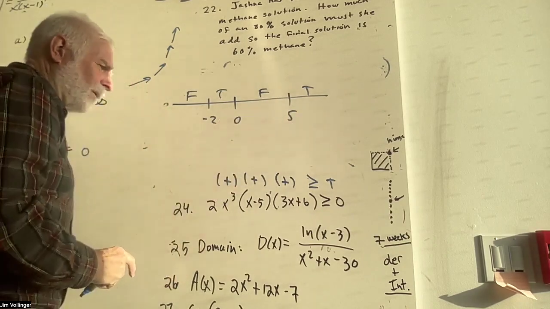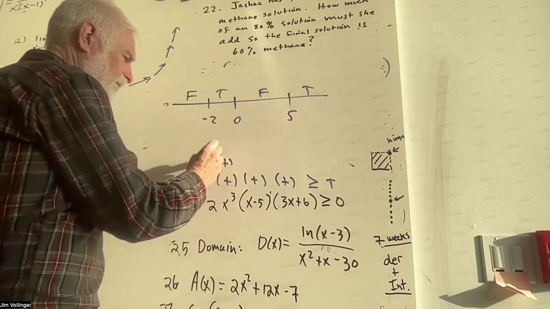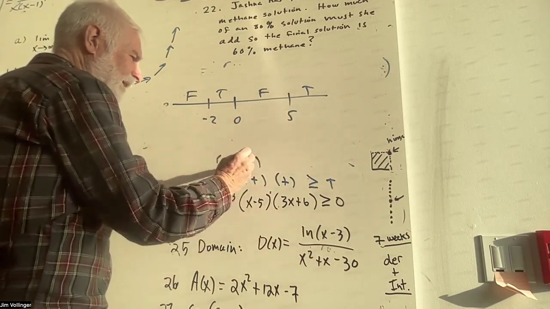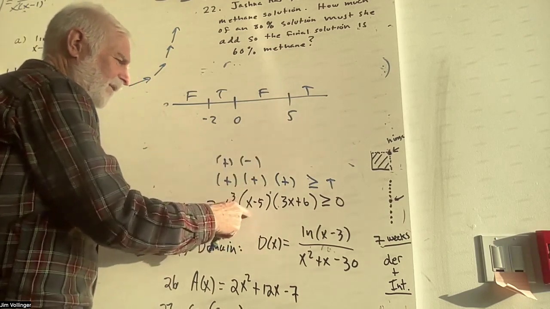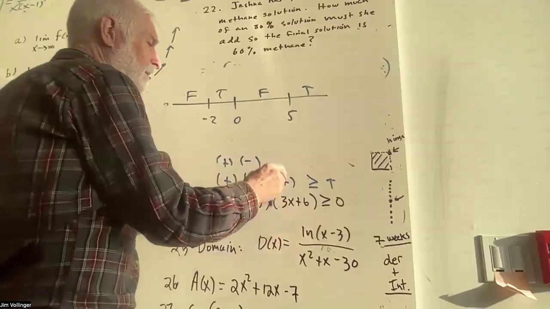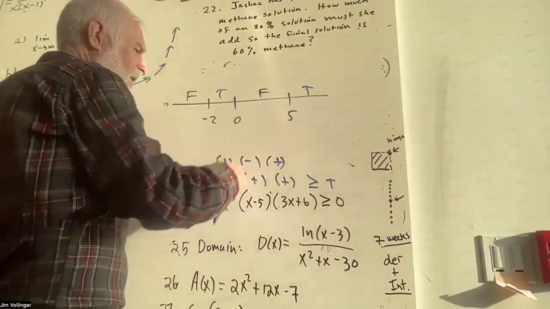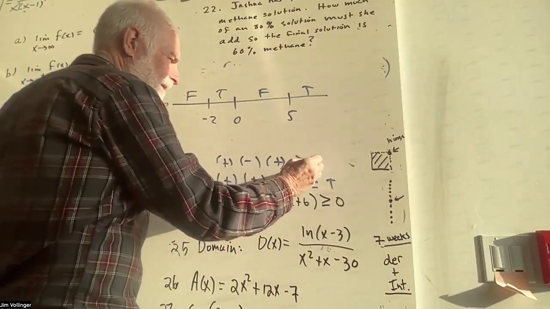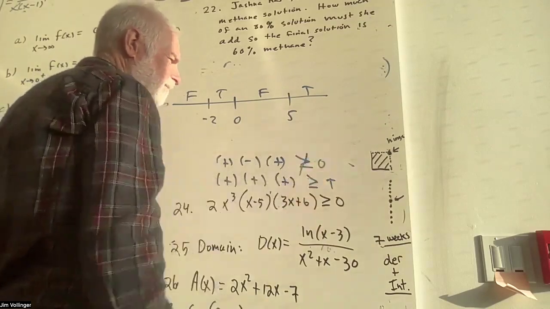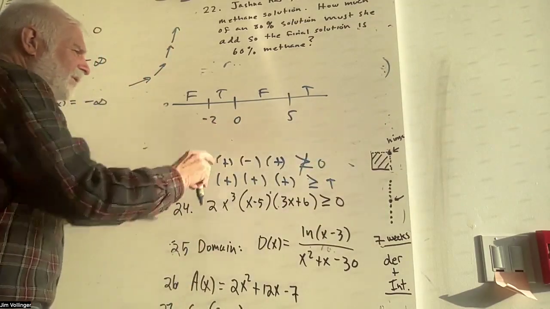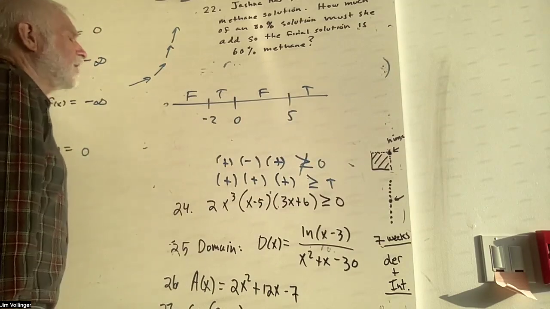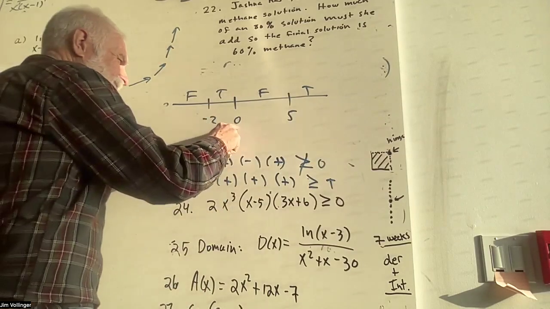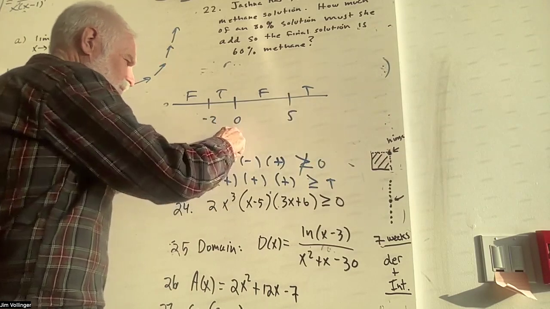Okay, so let's pick 4. 4, still positive. 4, oh, a sign change right there at x equals 5, sign change. 4, still positive. Well, that's false. That is not greater than or equal to 0. False. I'm saying between -2 and 0, you're going to get a true statement because we're going to get a sign change here with the 2x cubed.